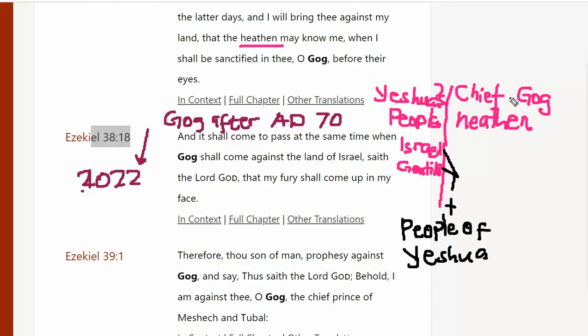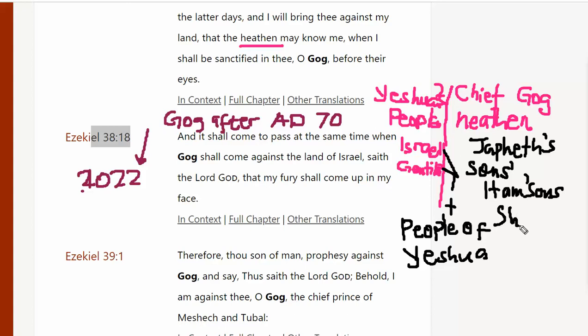So the chief prince Gog of the heathen, this will be Japheth's sons. Then you have Ham's sons, including also Shem.